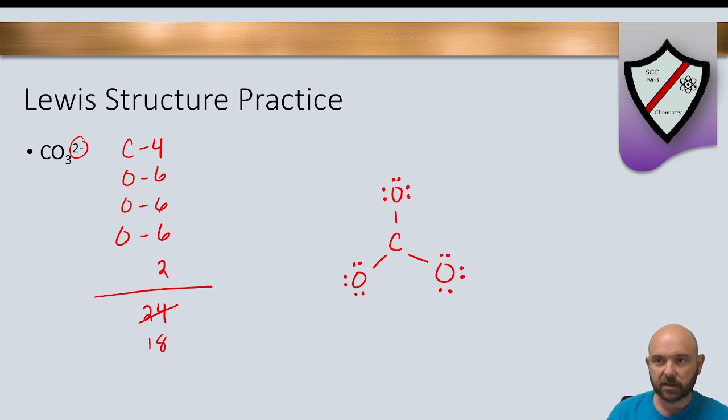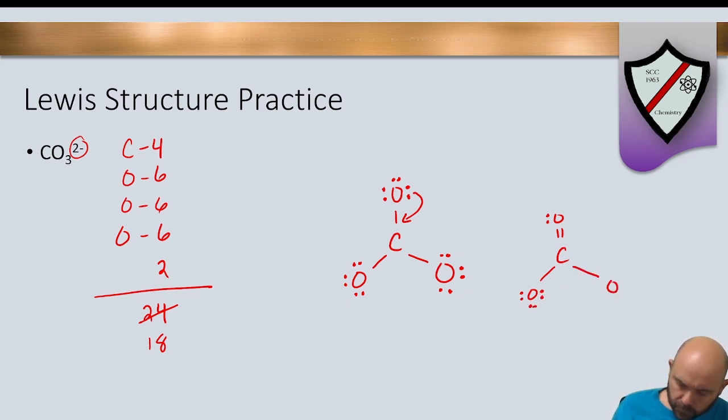It's not satisfying the octet rule. One of those lone pairs from one of the oxygens, I'll choose the top one, needs to be moved into a double bond with the carbon for everybody to have a satisfied octet. And that's how you draw the Lewis structure for the carbonate ion.